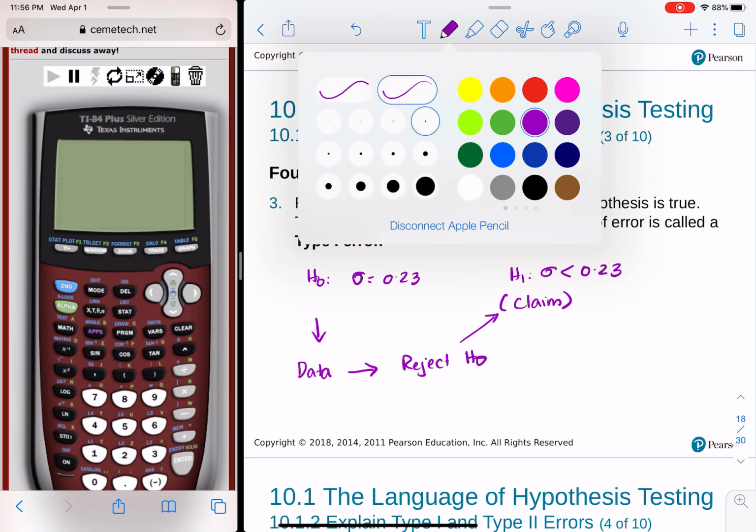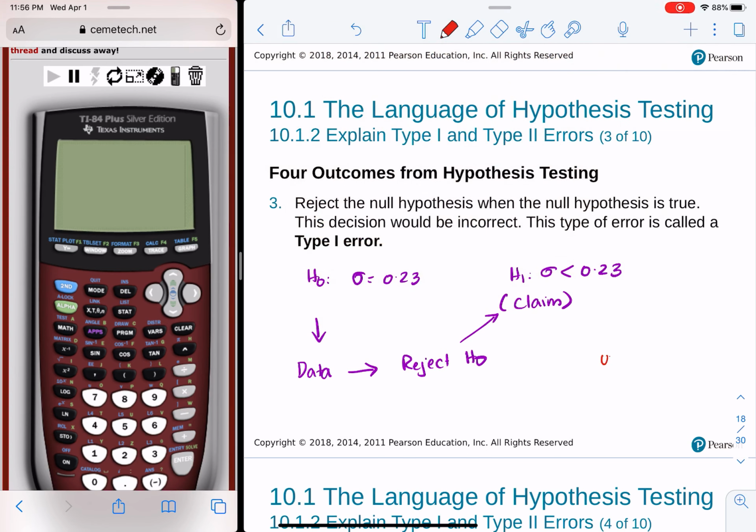However, what if the truth that we are trying to find, that unknown truth, is actually not toward the alternative? In other words, it is actually the null. So the data is pointing in the direction of the alternative, but the reality is that the null is true.